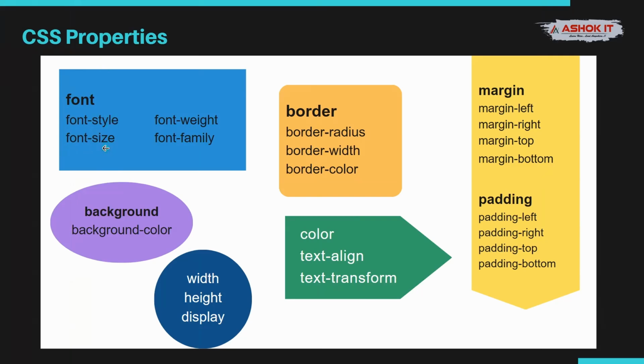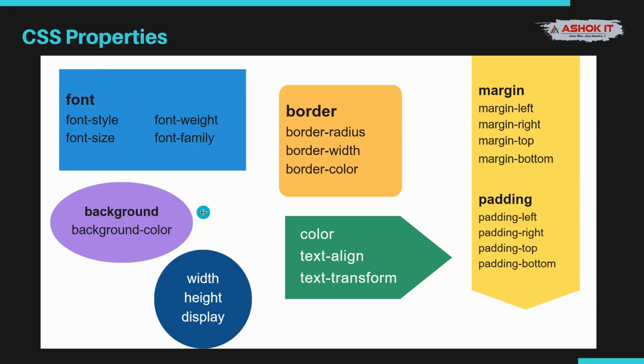Font size controls the size of the text. Font weight controls how much bold the text should have, in a range of 100 to 900. With font family, you can give different ways of writing the text, like the calligraphy, such as Arial, Times New Roman, something like that.